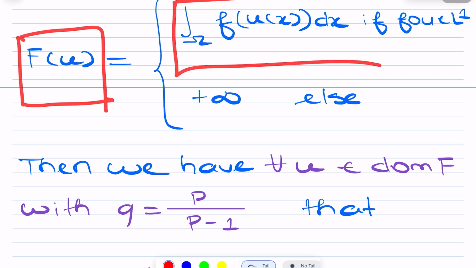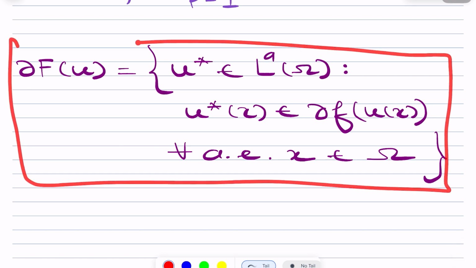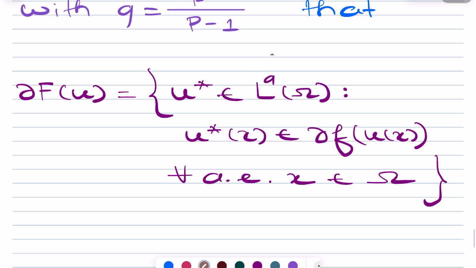So as not to get you confused, this is exactly L^p of omega, we drop omega. This is exactly the space L^p.